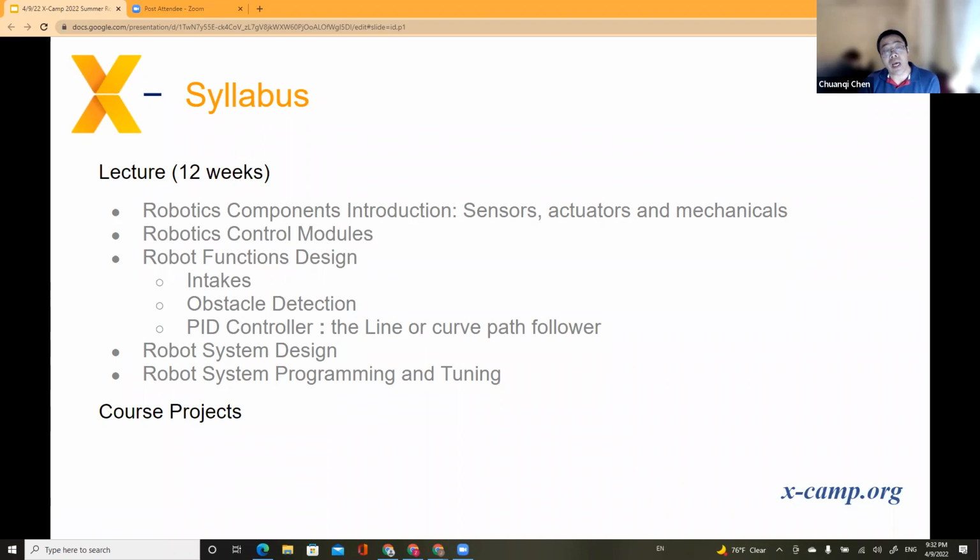Key topics include how sensors work and how to read data from them, how actuators work and how to control them, and how to design the intake. How do you design your software so your robot can avoid obstacles? If an iRobot moves from one room to another, how do you figure that out? How do they design the PID controller so that the robot can follow a certain line or trajectory?